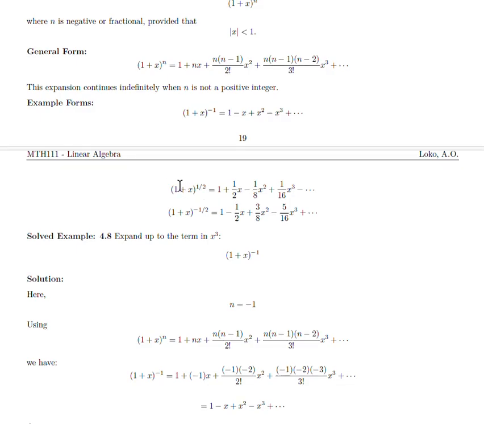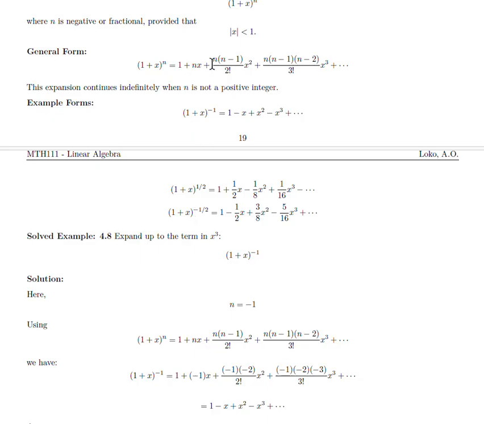So it's the same procedure here as well. Substitute 1 over 2 for all the n. You can see we'll have 1 plus 1 over 2 x. Substitute 1 over 2 for all the n here, we'll be left with minus 1 over 8 x squared, and so on. Same thing goes here.